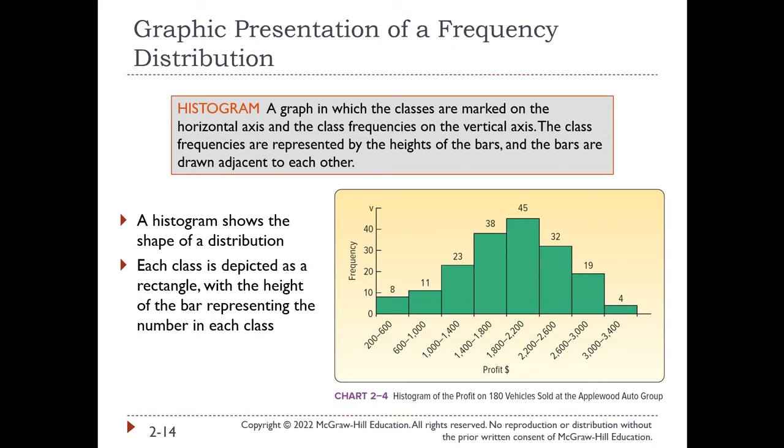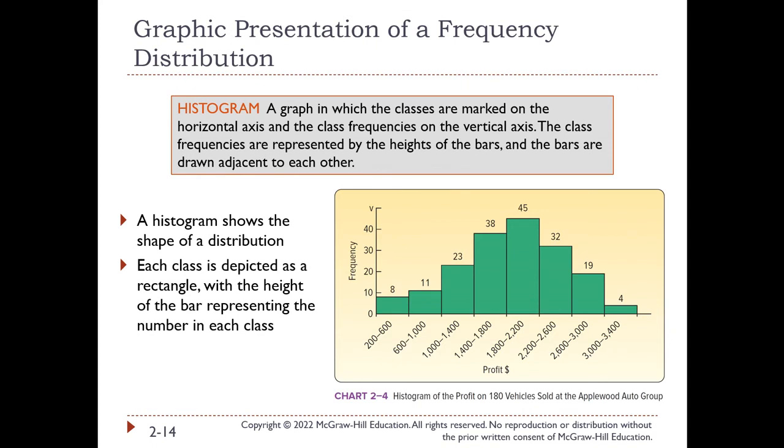We put the class frequencies on the y-axis, the vertical axis, and the frequencies are represented by heights of bars, and the bars are drawn adjacent. The horizontal axis is the classes again. Basically that's all that is going on with the histogram, another way that we can visually see what's happening with these ranges.